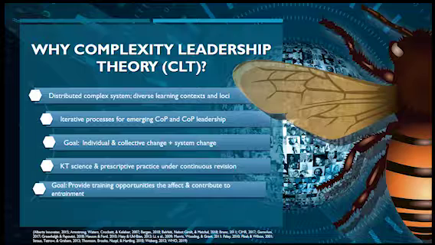And finally, the overarching project goal of providing KT training that will enable learners to collectively affect entrainment in clinical practices across Alberta's health system.